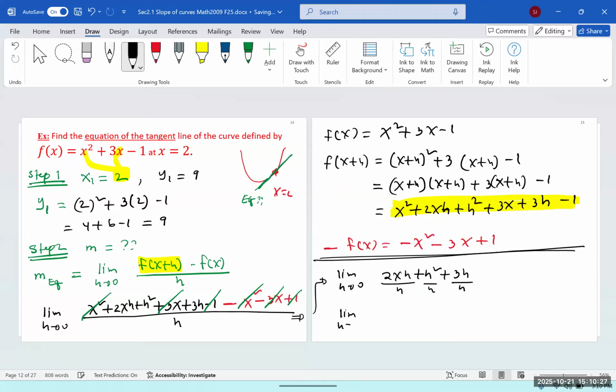So limit h goes to 0, 2x plus h plus 3. And then what's the last thing we do? H becomes 0. So there will be no more h. It's 2x plus 3.